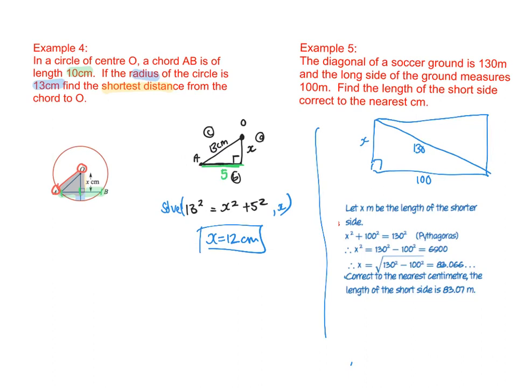So you can see there, they've shown you, but you can just use your solve again, and 130 is your hypotenuse, and you can just have x squared plus 100 squared comma x, and you'll get x is 83.07 centimeters or meters, whatever it was. Okay, so that was that one done there.